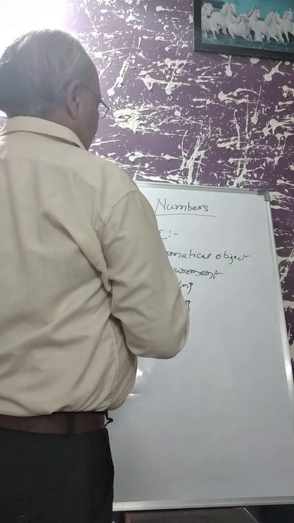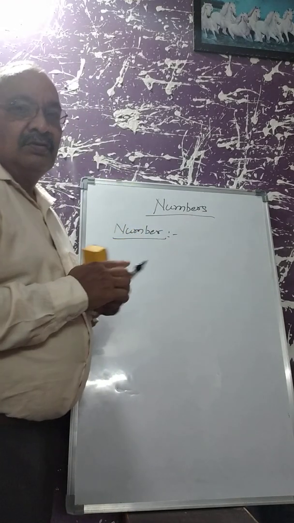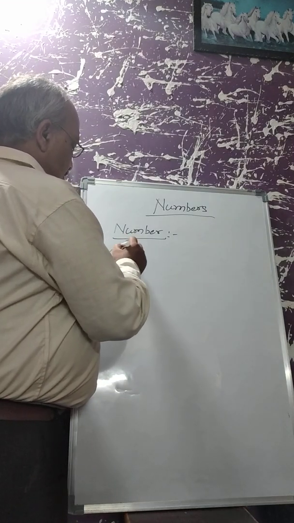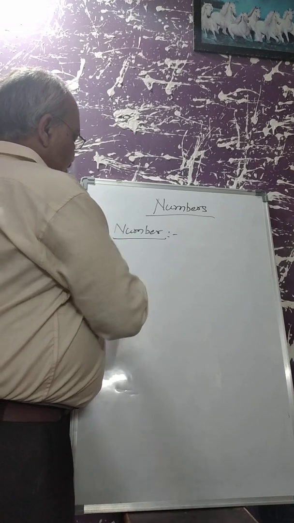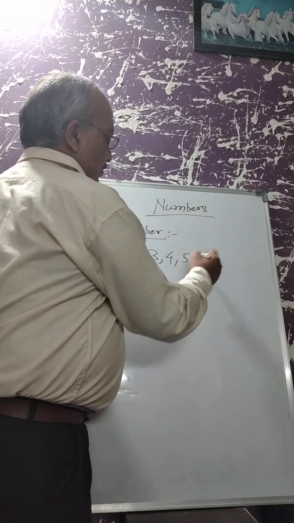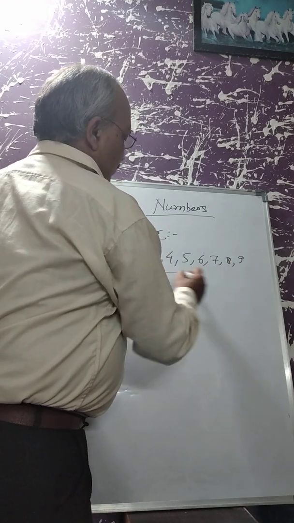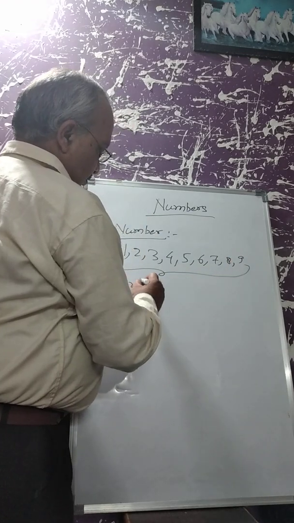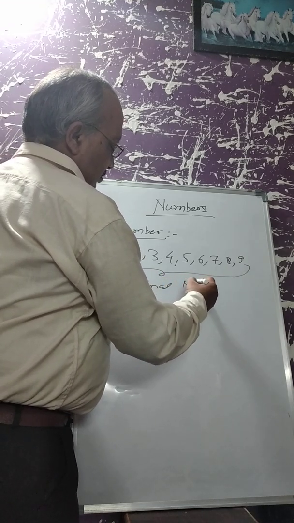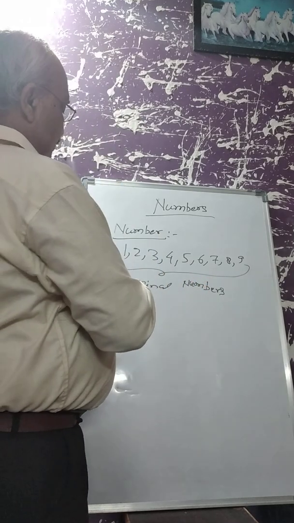Now, we must know which are original numbers. Original numbers are 1, 2, 3, 4, 5, 6, 7, 8, and 9. All these are original numbers.